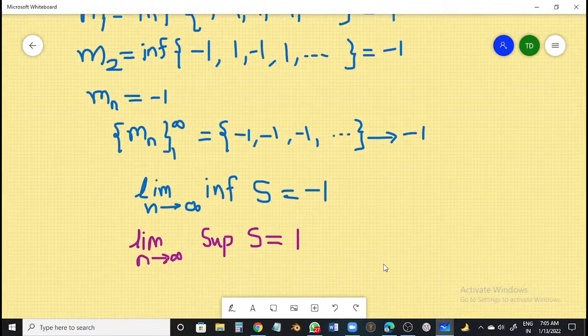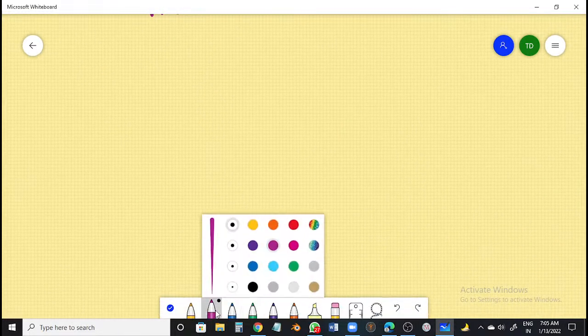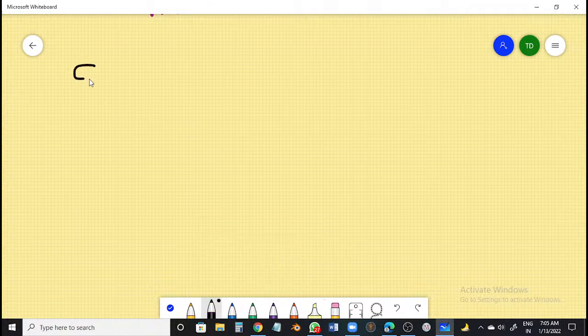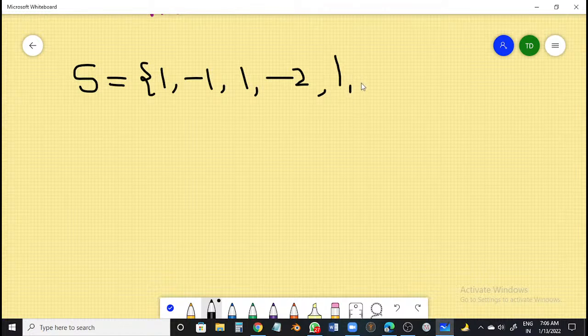The second example that we handled was S equal to 1, -1, 1, -2, 1, -3, 1, -4 and so on. Is this sequence bounded below? Obviously not.